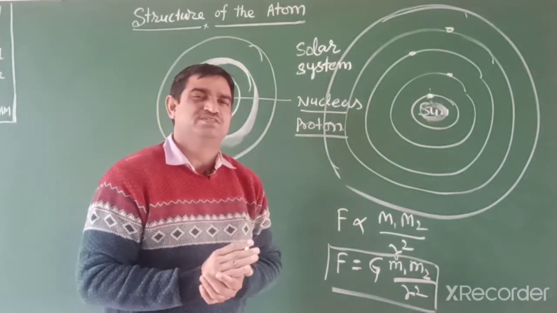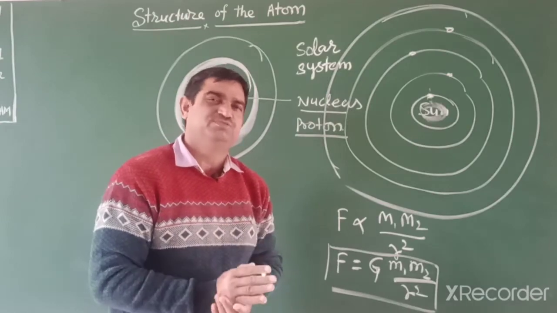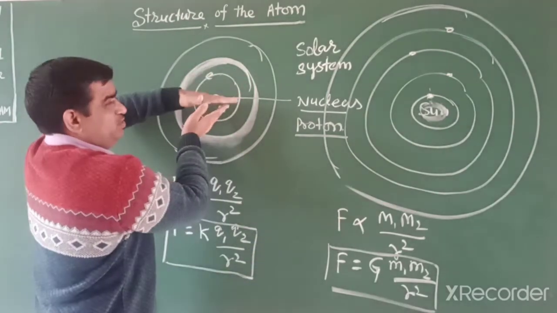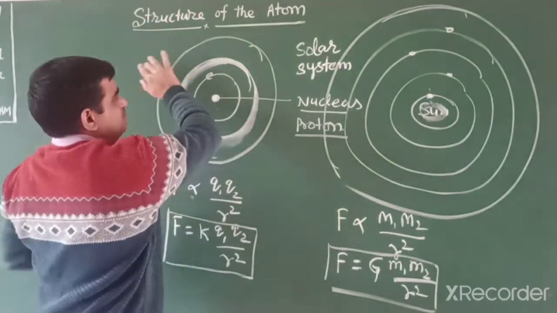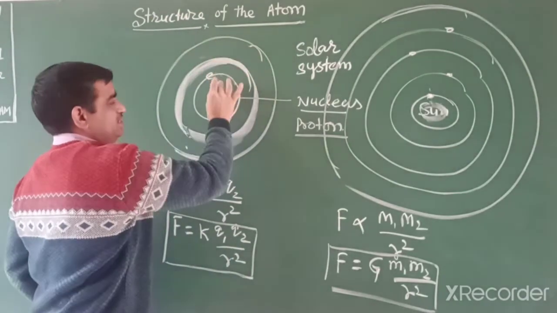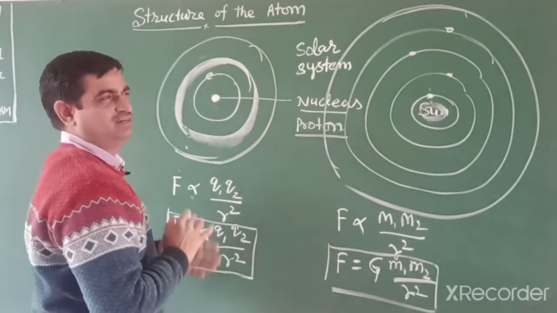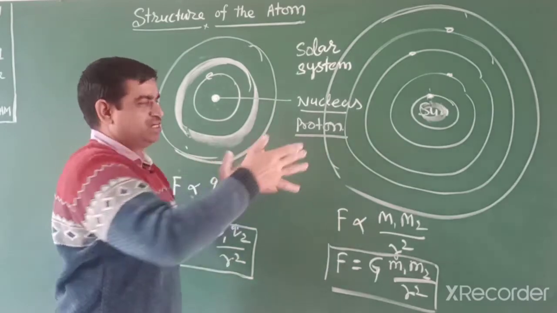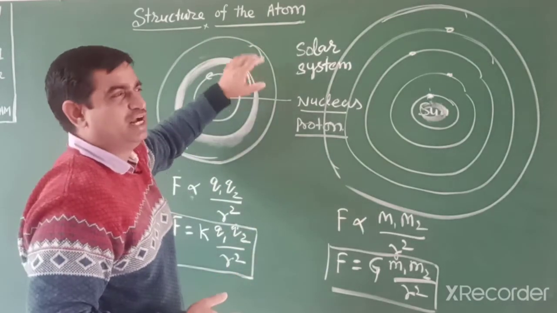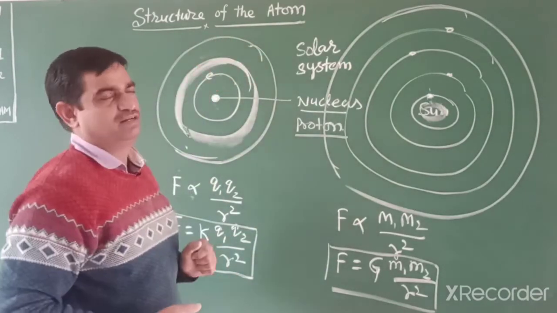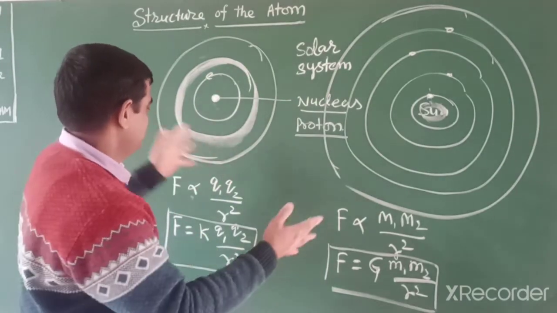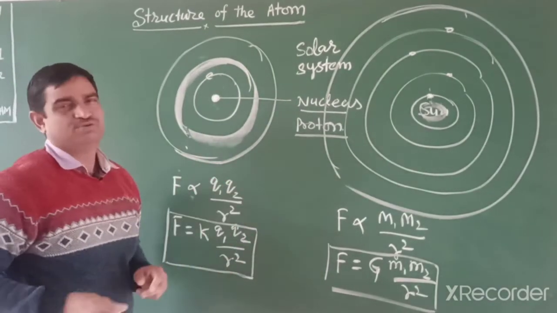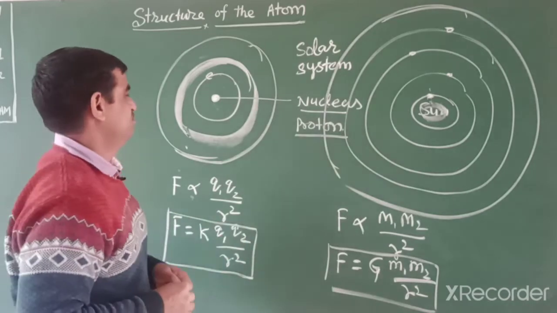Due to the same charge, because the alpha particle has a positive charge, so positive repulsion causes deflection. But when it moves like this, there is no deflection, no deviation, so the atom is almost vacant, hollow space. 90% of the atom is vacant hollow space, and there is a force of attraction similar to the gravitational force.